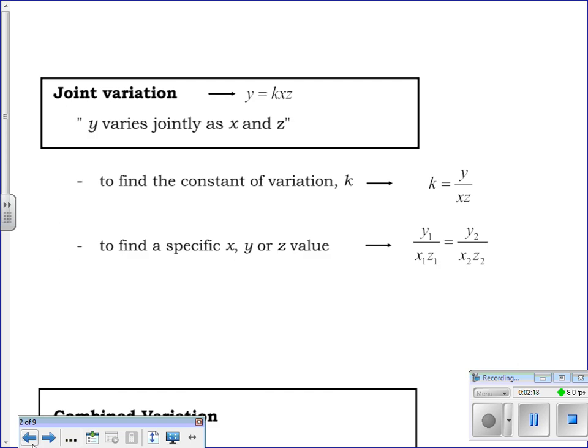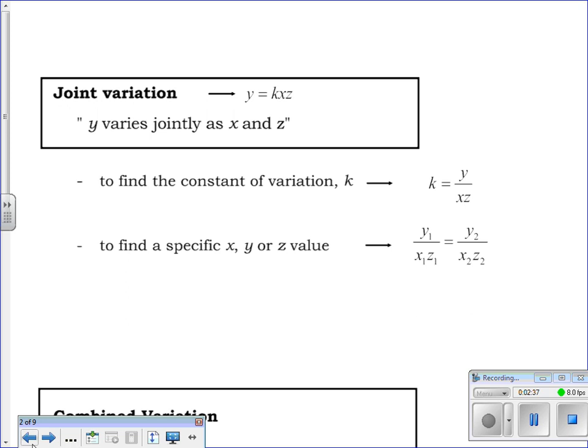Joint variation is a form of direct variation. The first variable varies jointly as the other two.